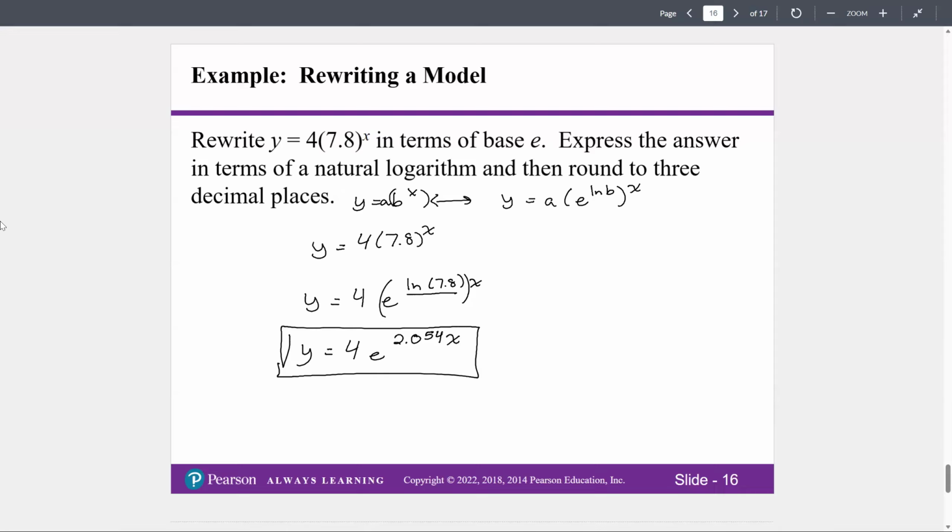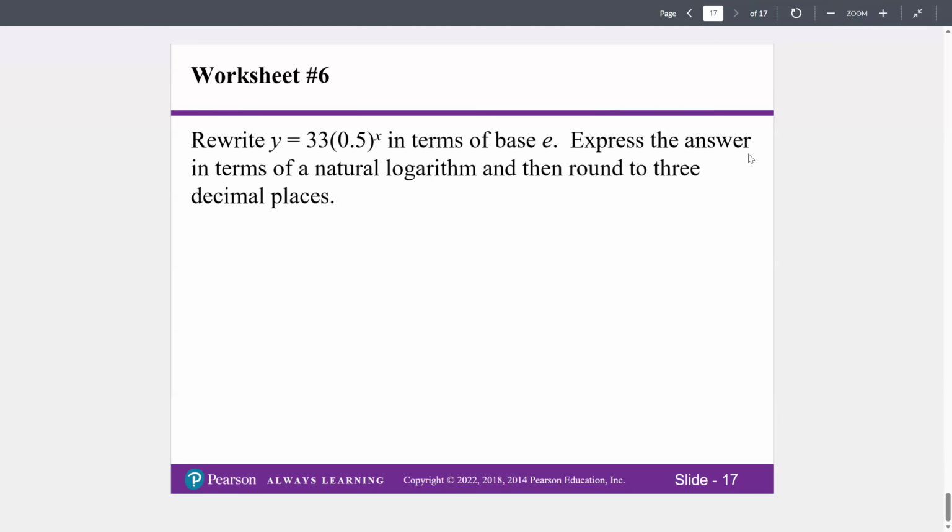So our very last problem is now rewrite y equals 33 times 0.5 to the x in terms of base e and express your answer in terms of a natural logarithm rounded to 3 decimal places. All right, so y equals 33 times 0.5 to the x.